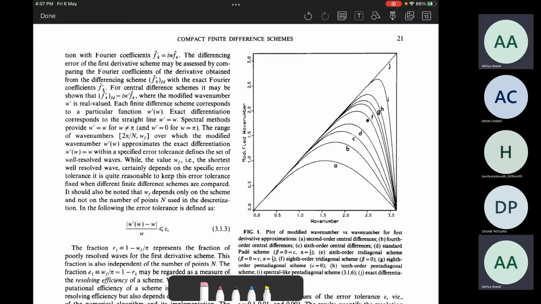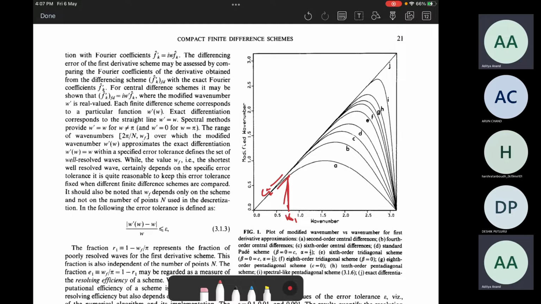If you define a tolerance as to how much it can deviate from this ideal diagonal line, let's say plus minus e or plus minus e by 2, and a method deviates from the ideal at this point, we can say that it resolves all the wave numbers smaller than k1.